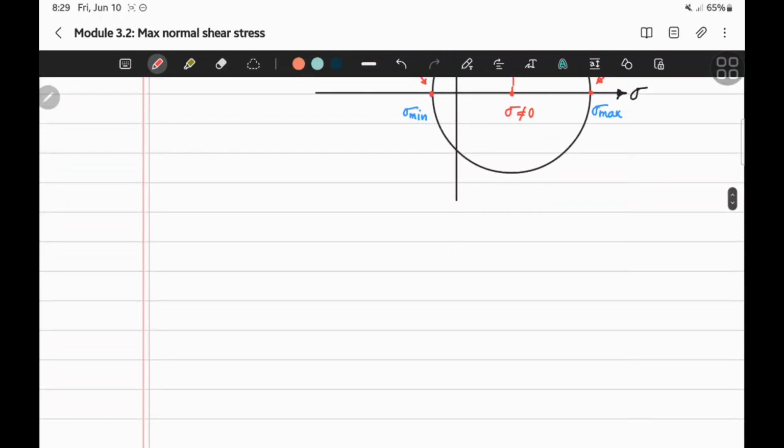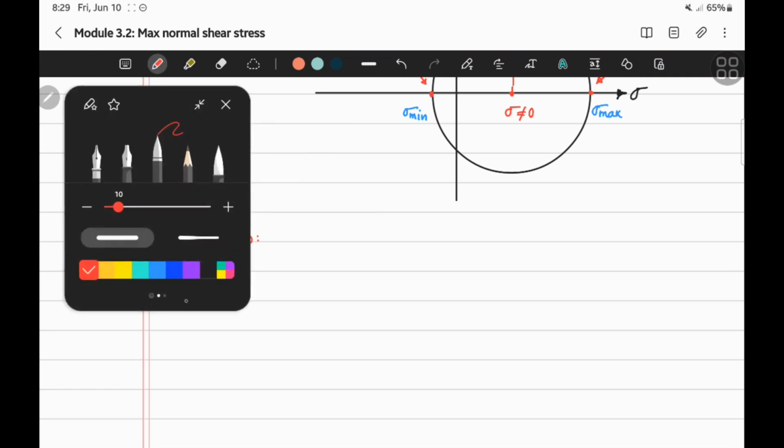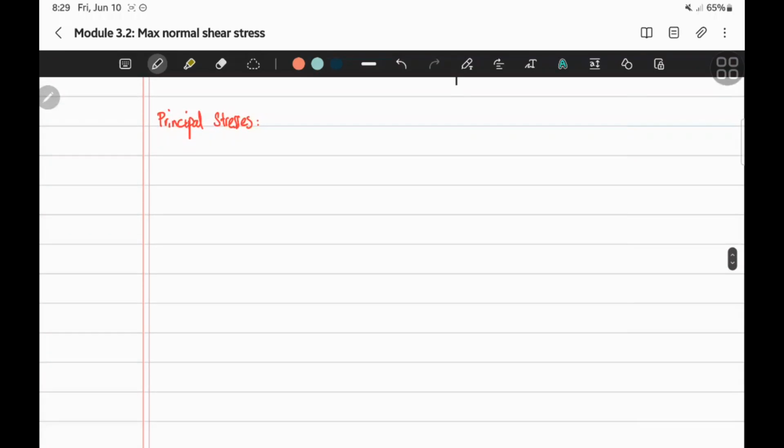By the principle of stresses. So you basically know that we had this T as stress tensor, T11, T12, T13, T21, T22, T23, T31, T32, and T33.